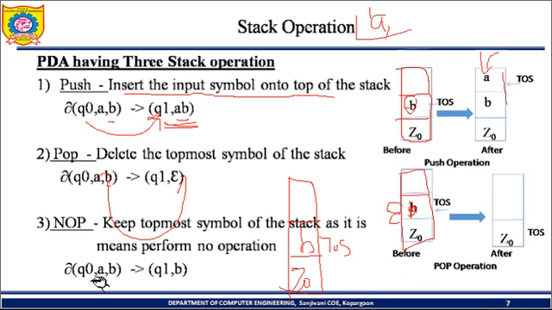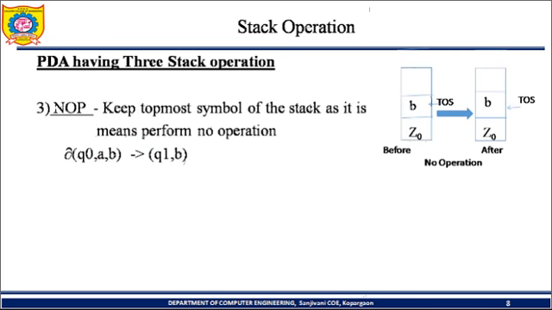So at Q0, with the current input symbol, let us say A on the tape, after reading A and with topmost symbol B, we are going to keep that B as it is. We are in Q1 state and B will be as it is. So after performing no operation, the stack has B as the topmost symbol and Z0 as initial, and TOS is pointing towards B. This is no operation. Here you can see B will be as it is.